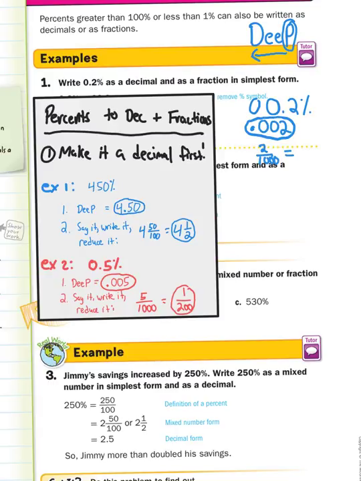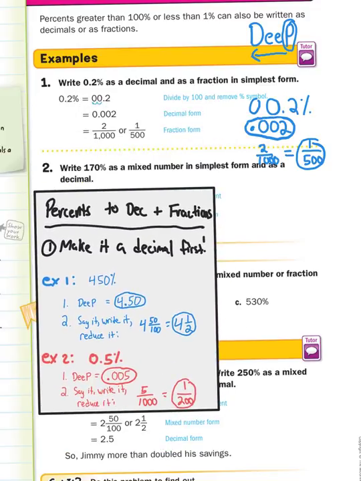And yes, I can reduce it on a calculator, but if I divide them each by 2, it becomes 1/500ths. So as soon as I made it a decimal by using DEEP, I went from the decimal to get the fraction. It is much, much, much harder if you tried to go from the percent to the fraction, so we don't even go there. All right, let me show you the next example.